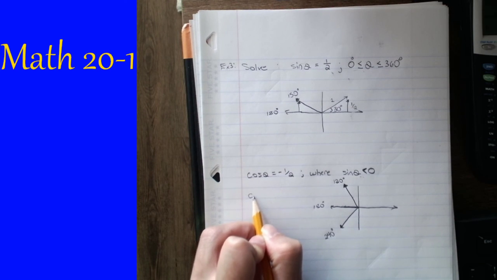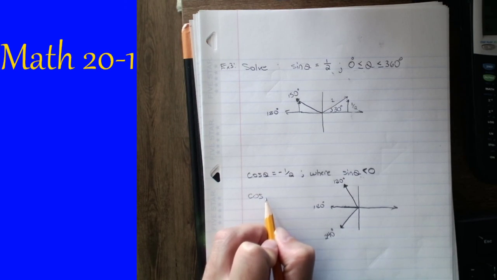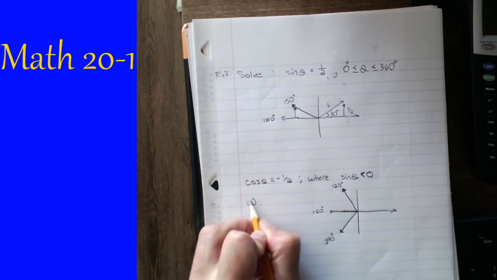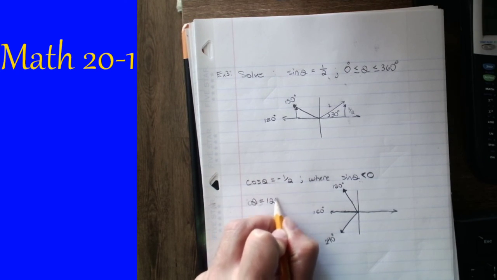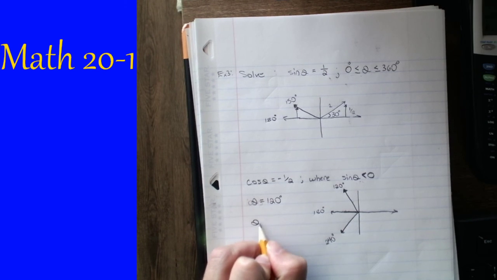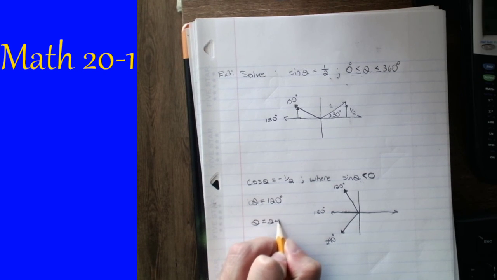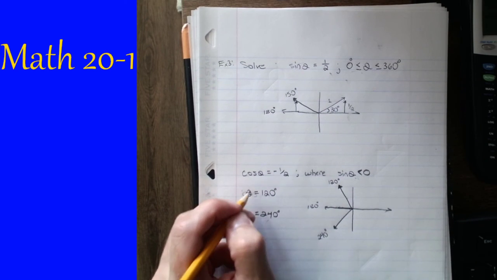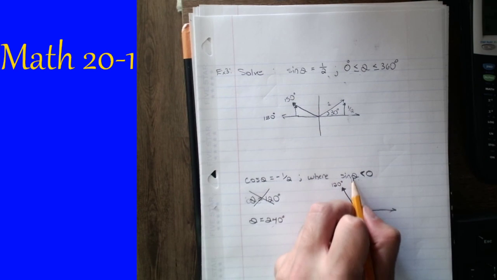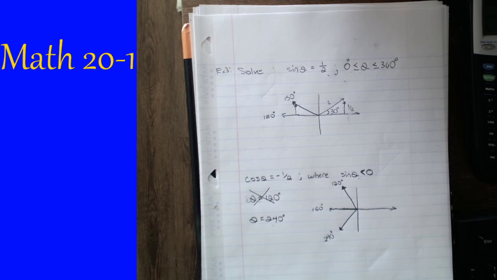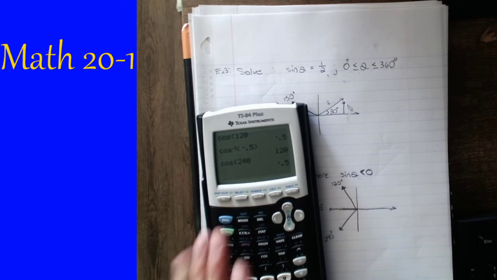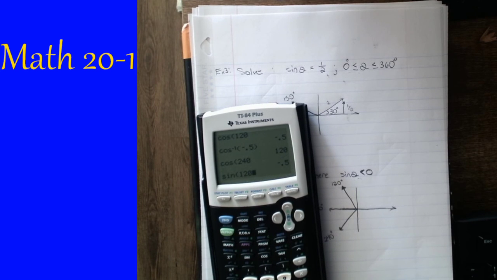And so these are my two answers, and this one does not apply to sine being negative because it's upwards in the y direction, and you can always check that.